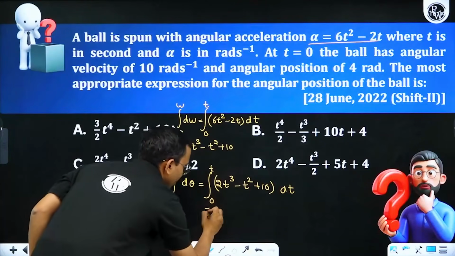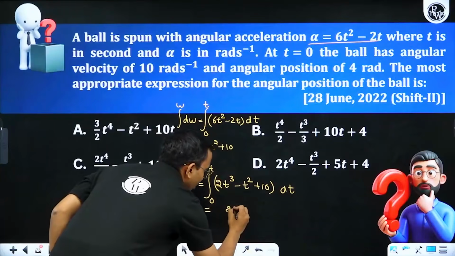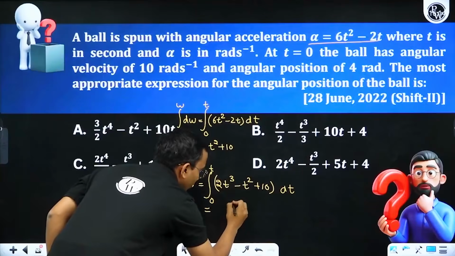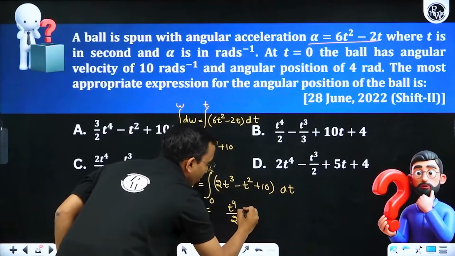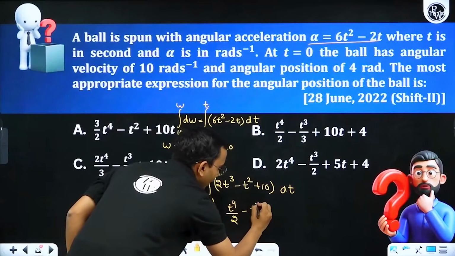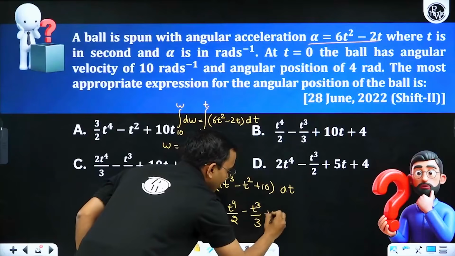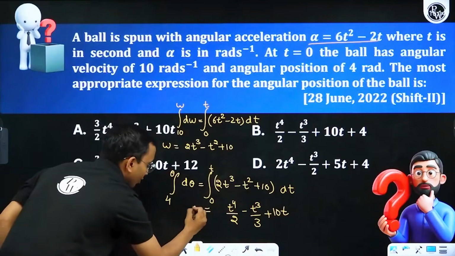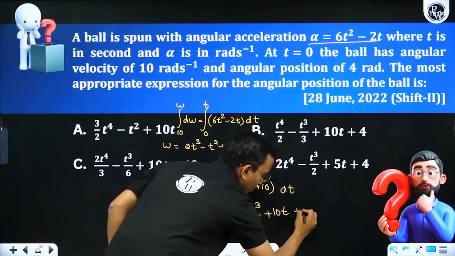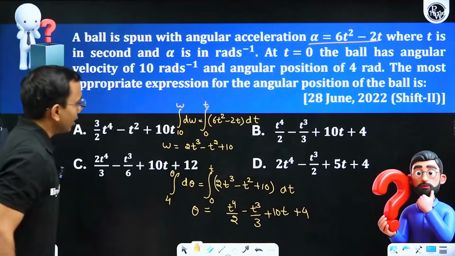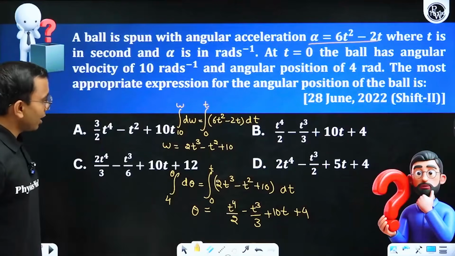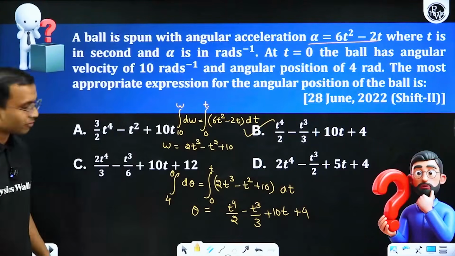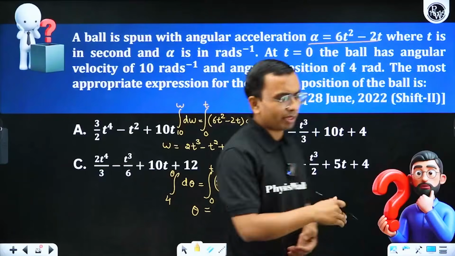Integrating again, this will become 2t to the power 4 by 4, so t to the power 4 by 2, minus t cube by 3 plus 10t, and on the left it becomes theta minus 4. So theta will become t to the power 4 by 2 minus t cube by 3 plus 10t plus 4. That is option B.